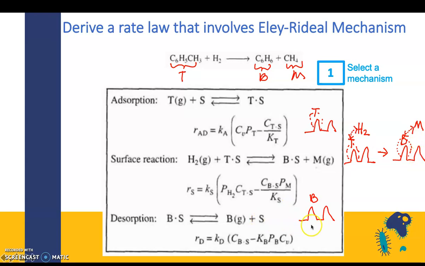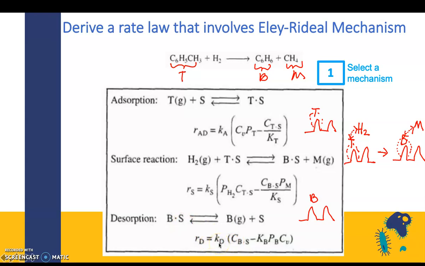That's why M no longer remains in the reaction, because methane is already released during the surface reaction. Not actually dissolved. The methane just didn't attach to the catalyst surface; only the bond is being cut here. So that's why it's only B·S.